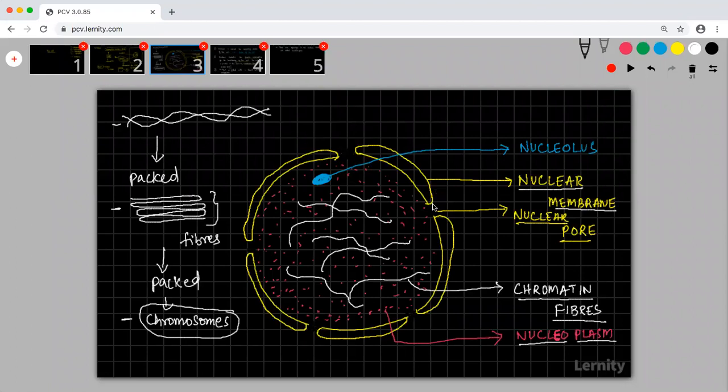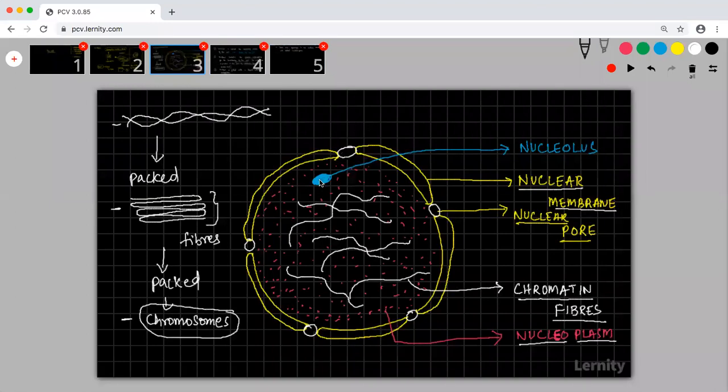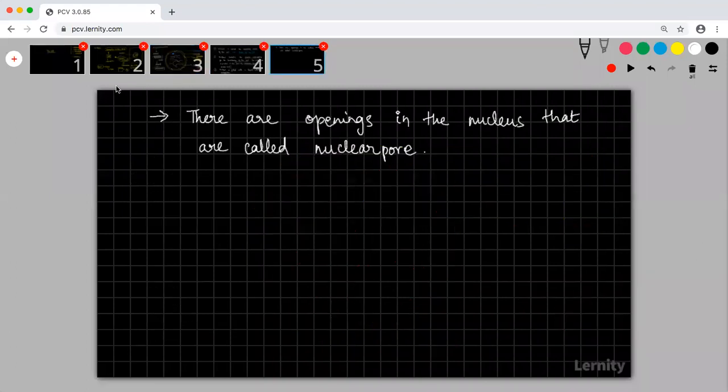Here you are able to see these openings. These openings are called what? Nuclear pores. That small opening is called a nuclear pore. And then you have the structure which I have shown here, this blue color structure, called the nucleolus. So now we'll study about the nucleolus.